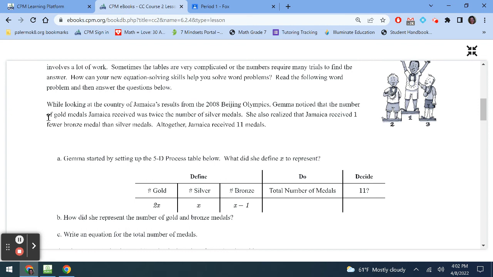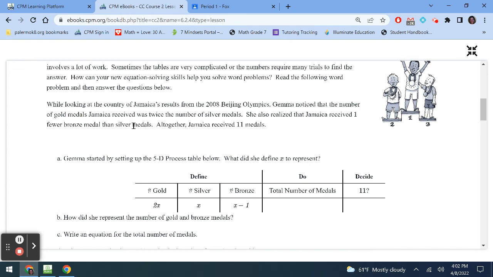So it says, I noticed the number of gold medals received was twice the number of silver medals. So we have gold medals once, silver medals twice. She also realized that Jamaica received one fewer bronze medals, so that's once, than silver medals, twice. So we have gold once, silver mentioned, bronze once, silver a second time.